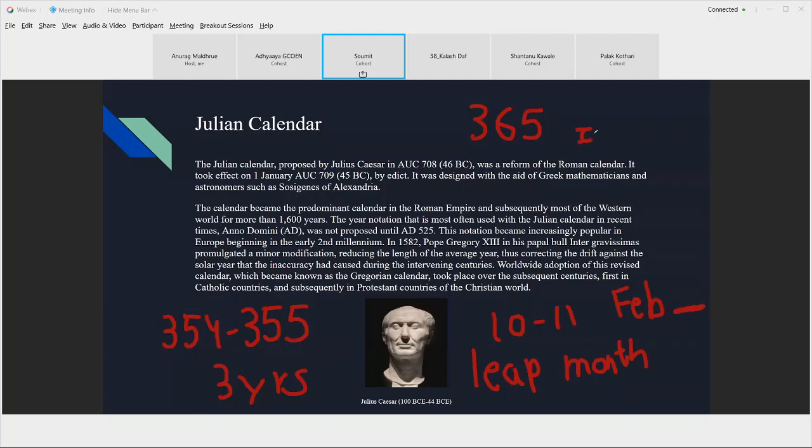I don't know how to write this. Intercalary month. So this was inserted after February. That brings the tradition of adding the leap day to the end of February actually.